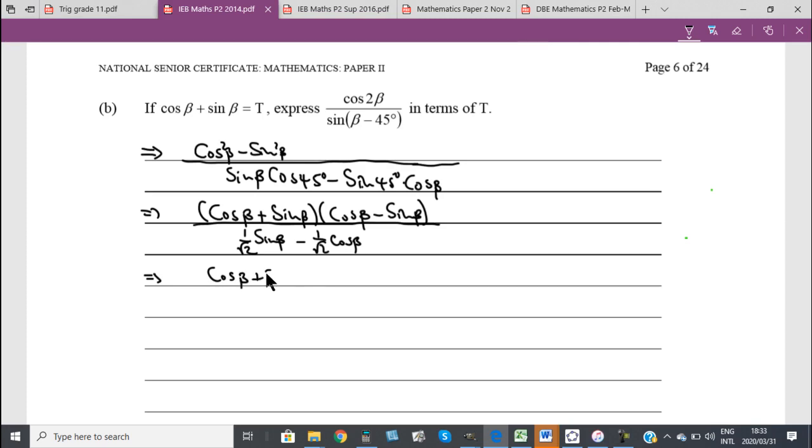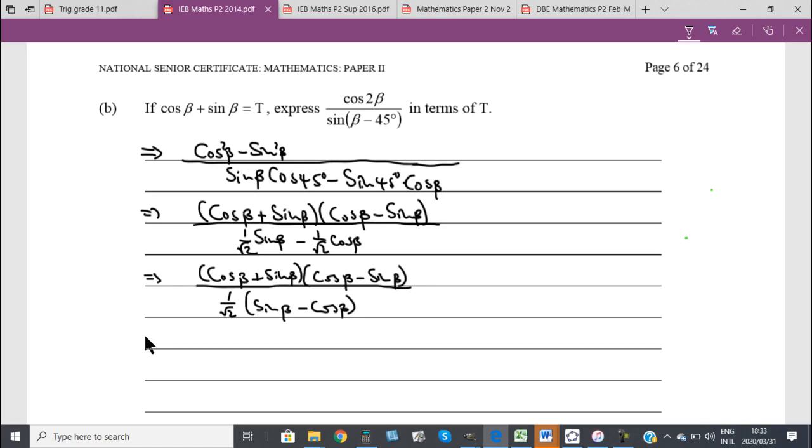Sorry for that. Sine beta times cos beta minus sine beta. Okay, and then down here I'm going to factor out 1 over root 2, and then have sine beta minus cos beta.